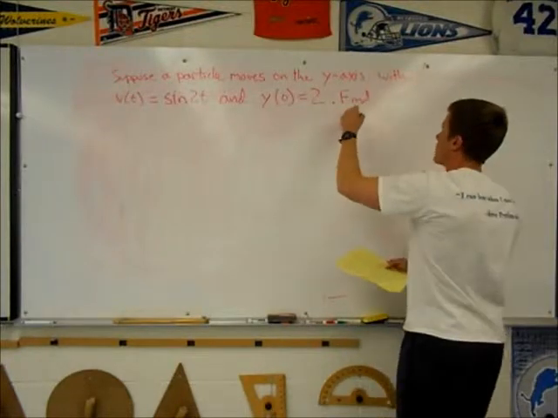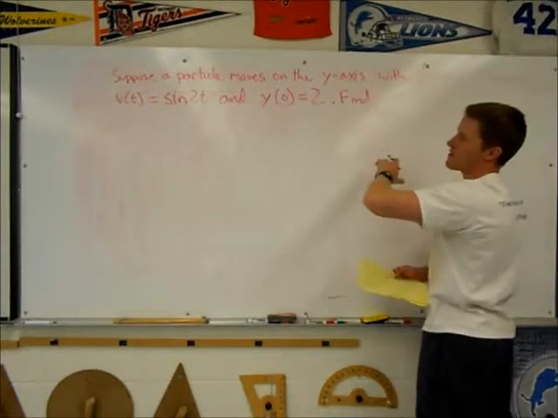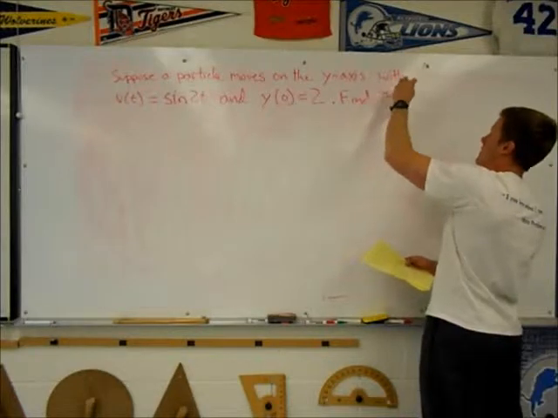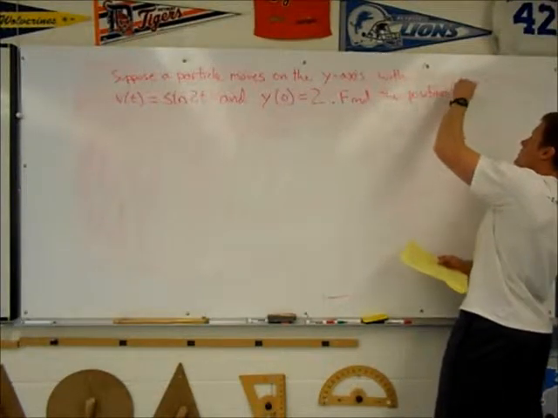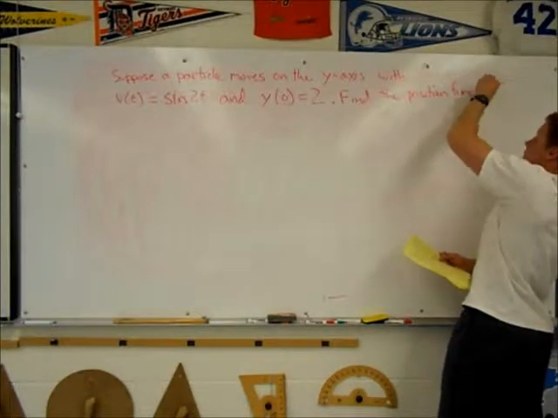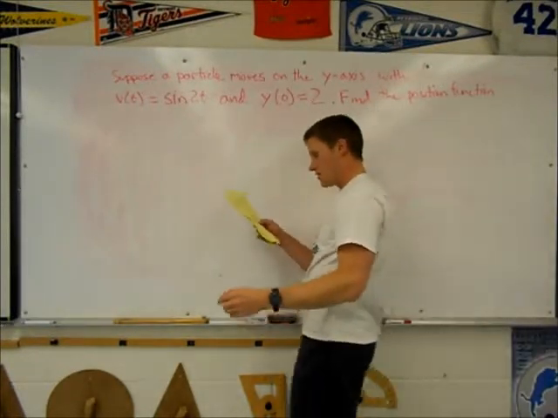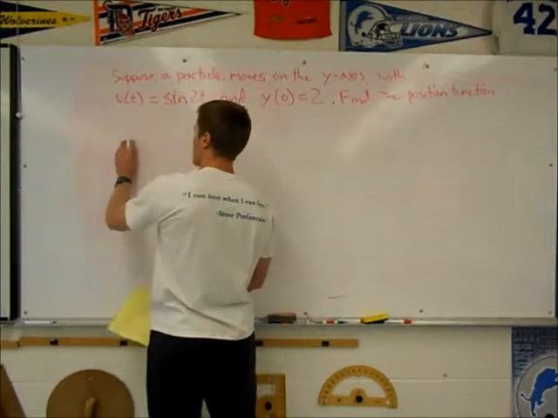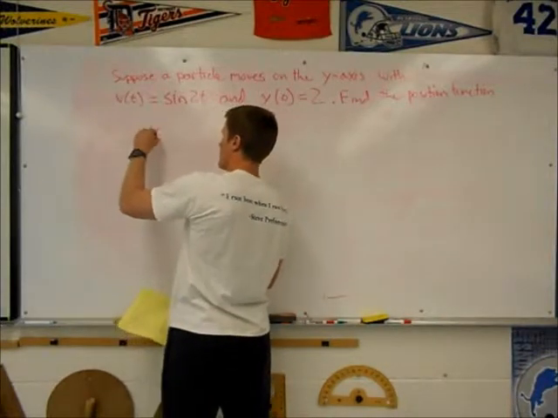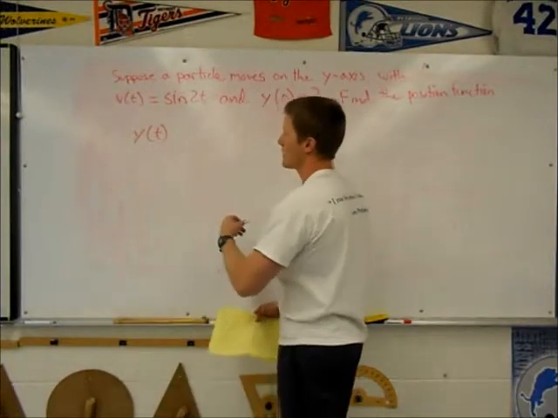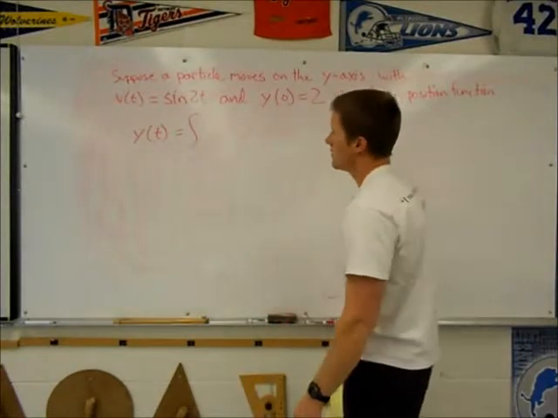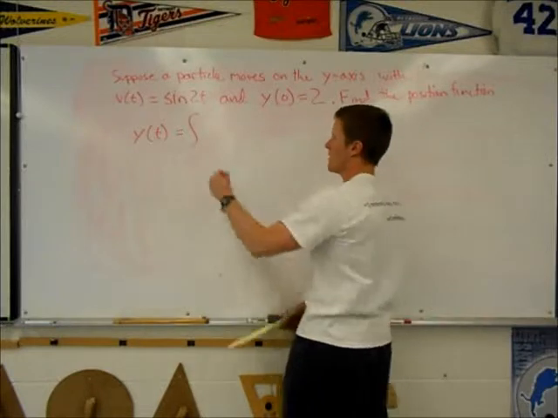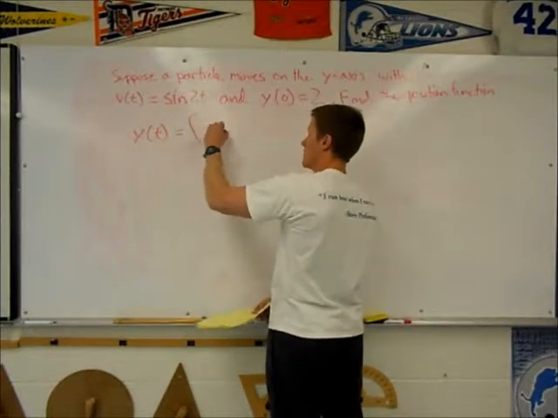Of course, we want to go backwards, so you could guess that we're going to find the position function. Here goes. Position, so the y coordinate after t seconds is given by the antiderivative of the velocity.